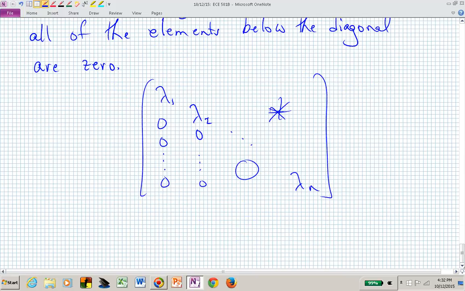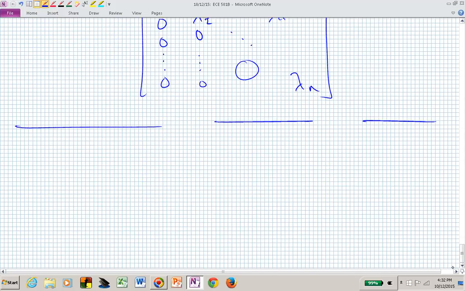Now we're in a position to start talking about some of these facts or propositions relative to having upper triangular matrices. Let's now look at proposition 5.12.